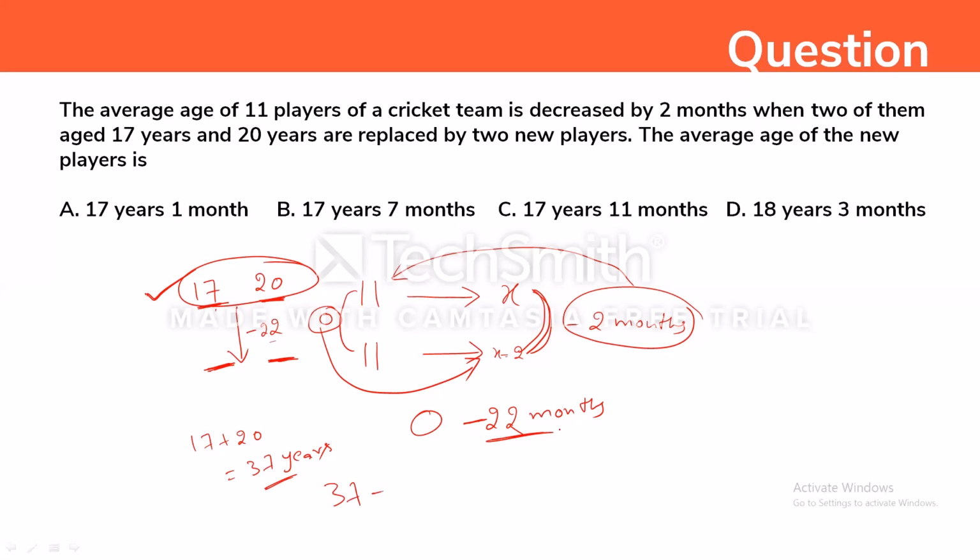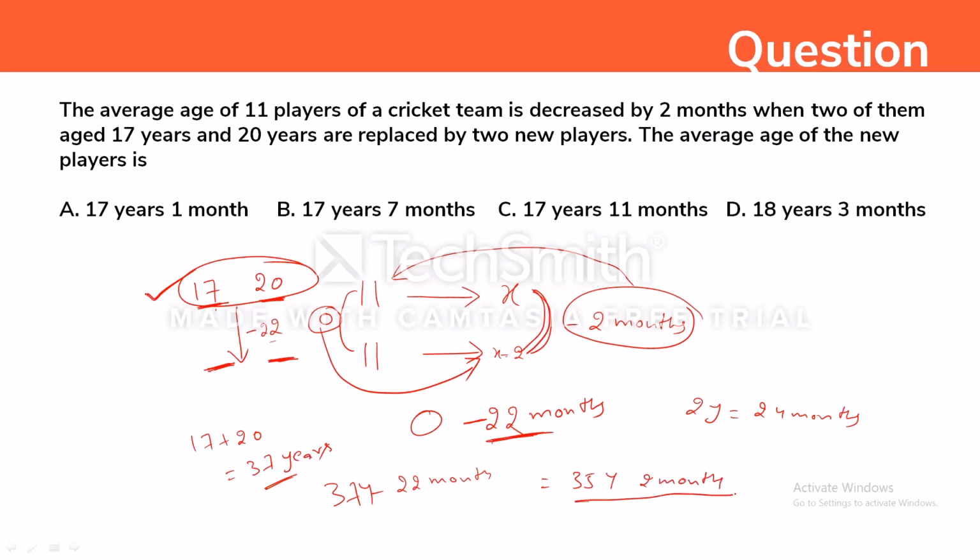Now I'm converting 22 months into years. We know that 2 years is nothing but 24 months, but here it is only 22 months, so 1 year 10 months. If you reduce 22 months from 37 years, the answer will be 35 years 2 months, correct?